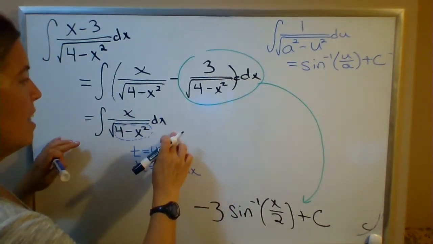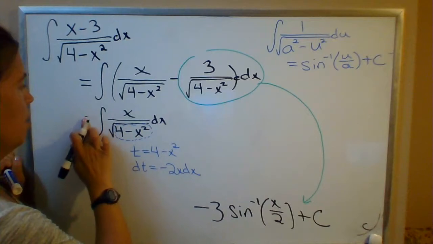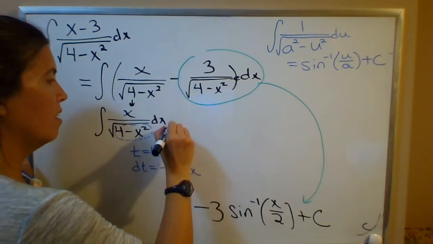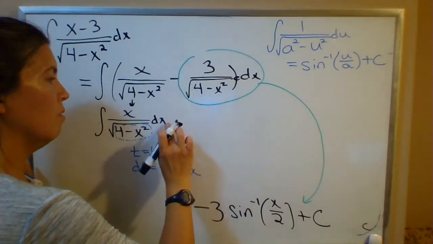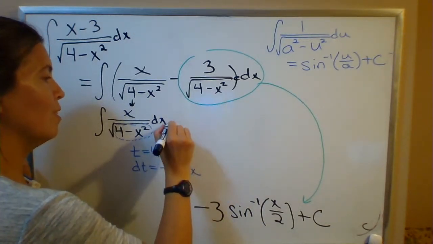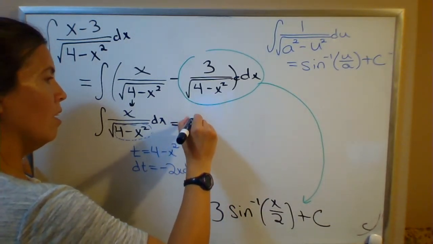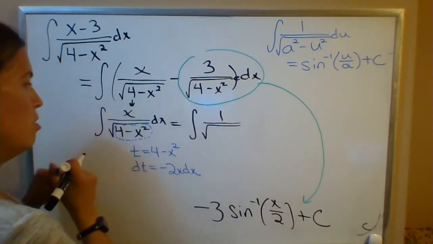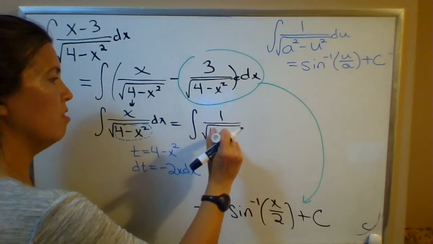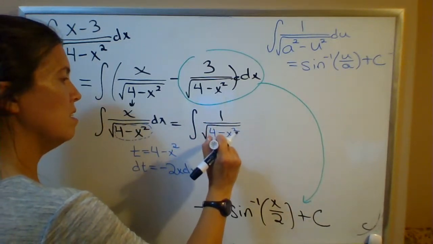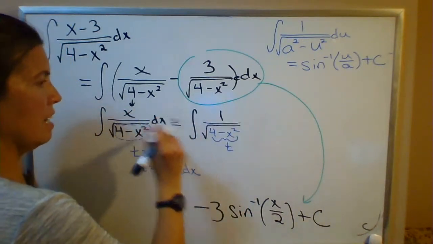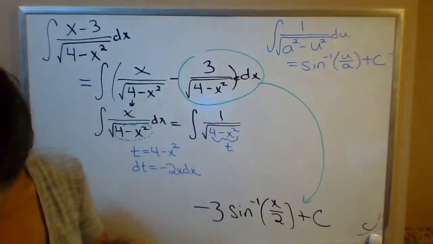So I was saying that this integral here, let's use the equal sign. Let's see. So the square root of 4 minus x squared, which is going to become our t. And then we've got x dx. Maybe I'll use a different color for that.